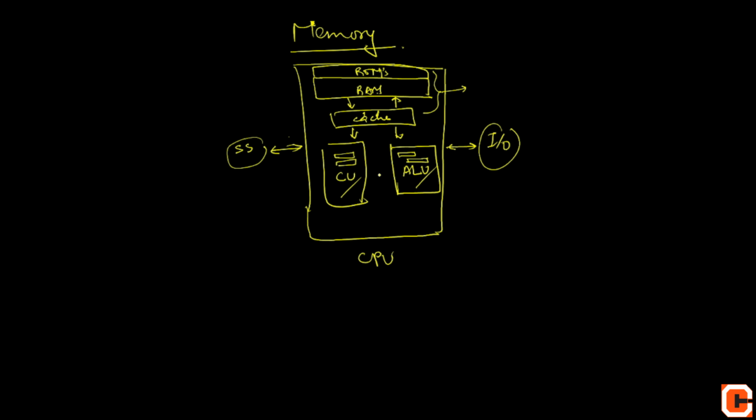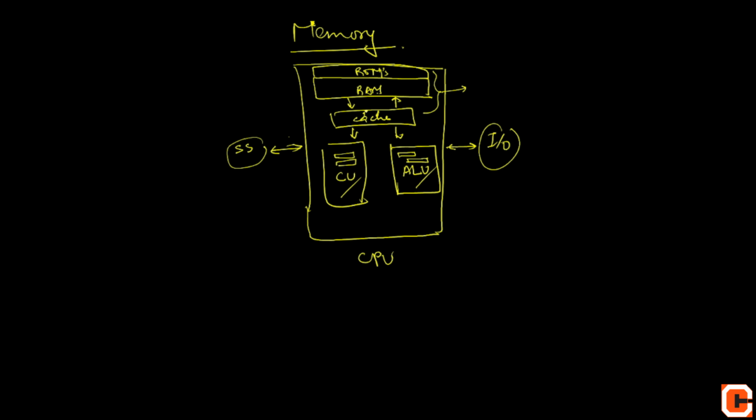Every computer has such a storage space, known as primary storage. We call it main memory, also primary memory, or simply memory. So this is the functionality of this memory.